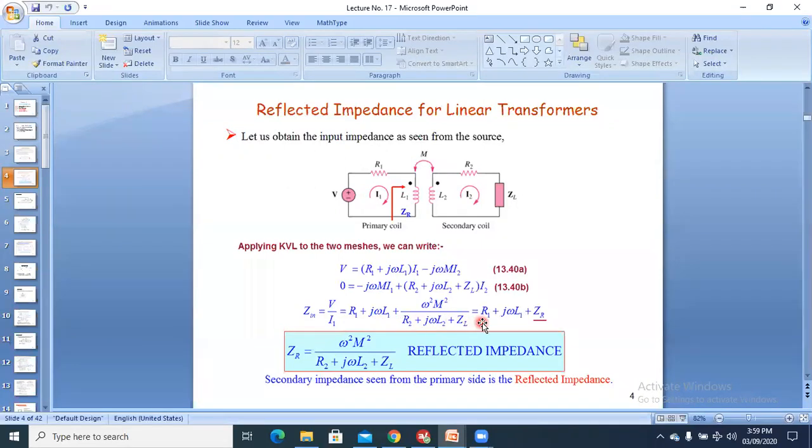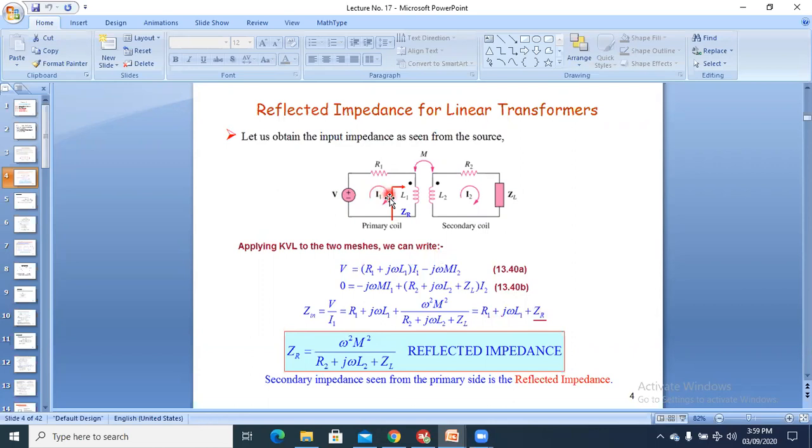One part is the impedance of the primary network plus the reflected impedance of the secondary network. So how can we show this?